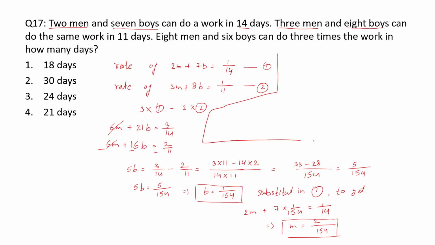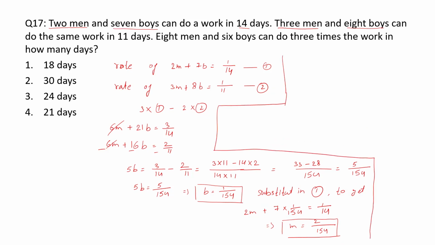Let me make some space. The b value you know, the m value you know. What are they asking? 8 men and 6 boys can do 3 times the work in how many days? So 8 men plus 6 boys: 8 into m, which is 2 upon 154, plus 6 into 1 upon 154.